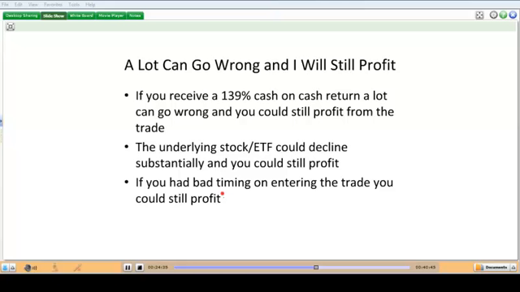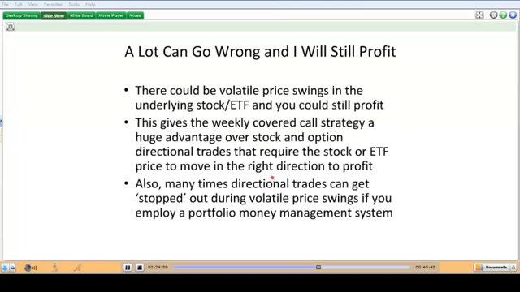And if you're wrong on the timing and you enter at a bad time, you can still profit on the trade. So this makes up for a lot of potential errors you could make on establishing this trade, and you would still come out way ahead. You could also have volatile price swings in the underlying stock or ETF, and you would still profit.